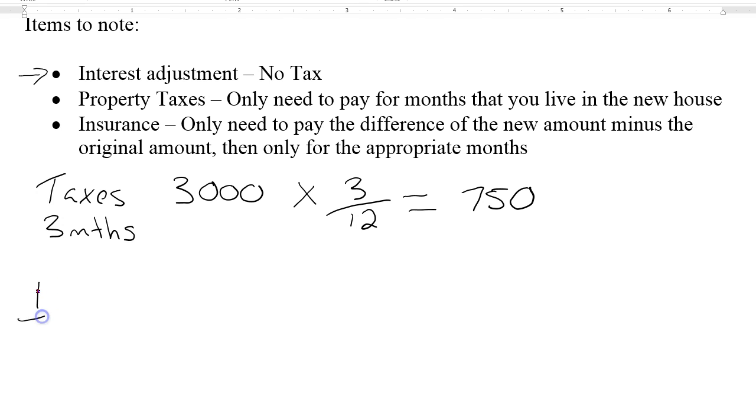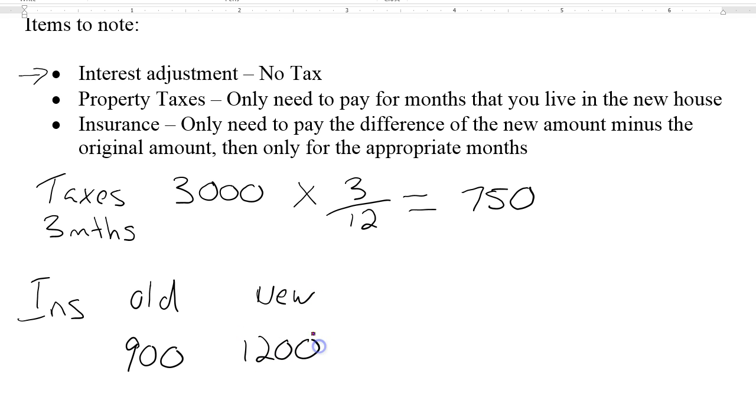Again, I'm just going to make up some numbers here. If the old amount was $900 and the new amount is, say, $1,200, I would take the difference. I'd have to pay the insurance company $300 more. But because I'm only in there for 3 months, I'm going to again multiply it by 3, divide by 12, and I would owe the insurance company an extra $75.